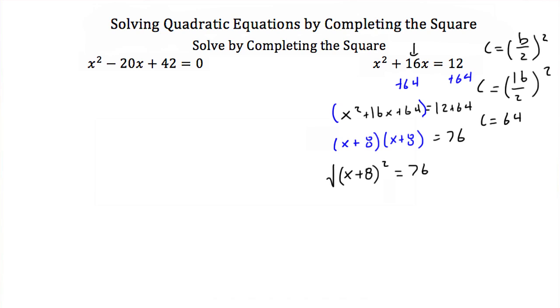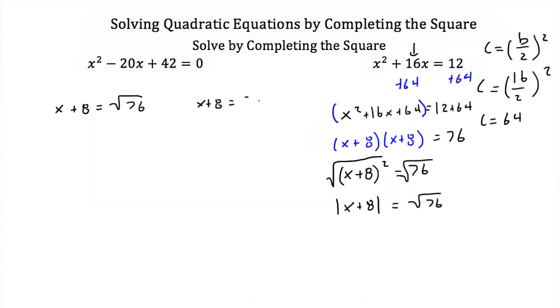I'll take the square root of both sides. If I do that, I'll have the absolute value of x plus 8, and that's equal to the square root of 76. Now I drop my absolute value, so I consider both the positive and negative versions. I'll have x plus 8 is equal to the square root of 76, and x plus 8 is equal to the negative square root of 76.